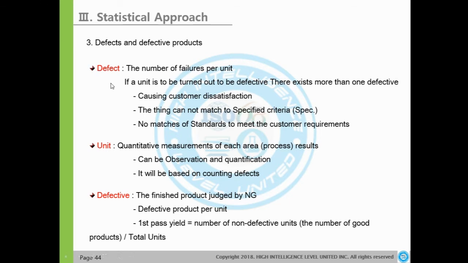Let's go back to defect. If a unit turns out to be defective, there exists more than one defect. This one causes customer dissatisfaction. The thing cannot match the specified criteria, like a specification.